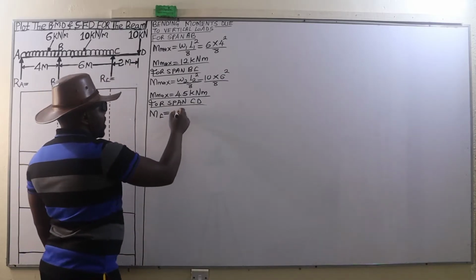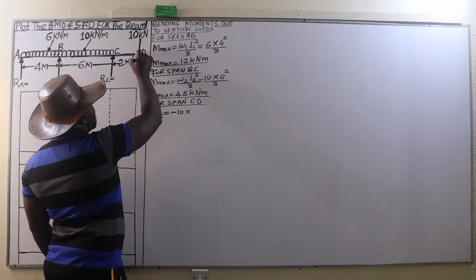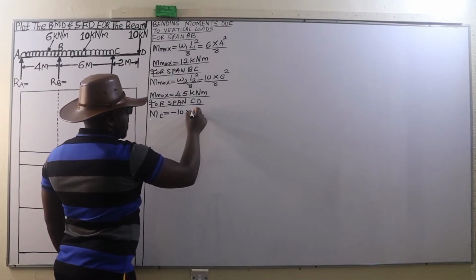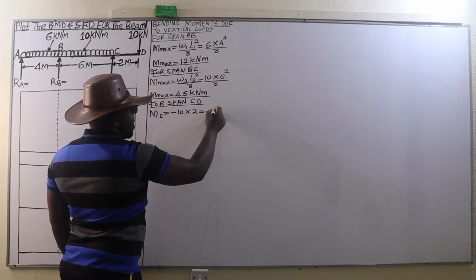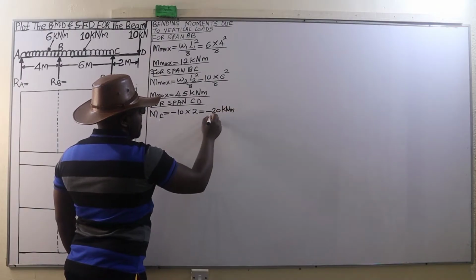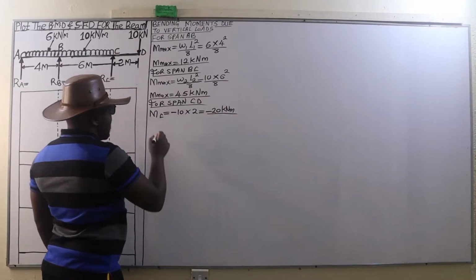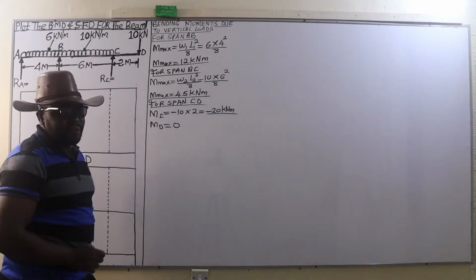So we are going to have negative 10 kilonewtons multiplied by the span DC, which in this case is 2 meters. And that is going to give us a bending moment of negative 20 kilonewtons meter. Then finally, the bending moment at D is going to be 0.